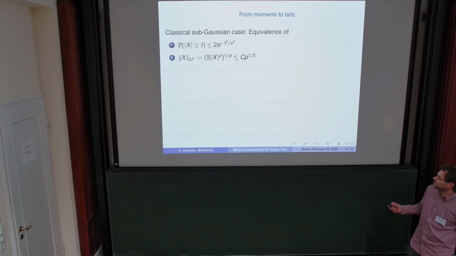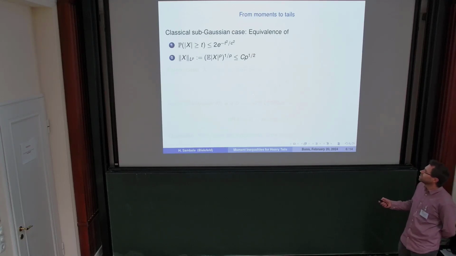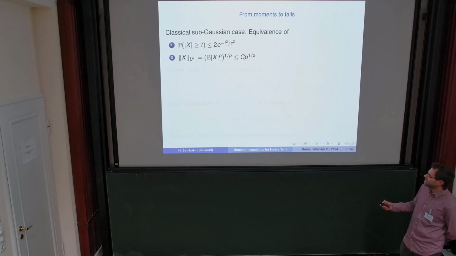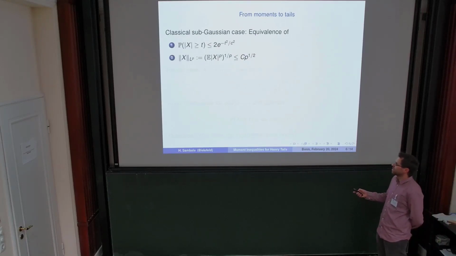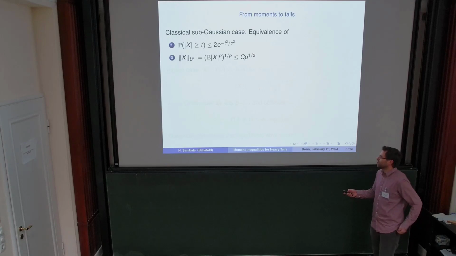Just to recall something classical from sub-Gaussianity, there you know, of course, that this sub-Gaussian tail decay is equivalent to the growth of the Lp norms of order root p. Yeah? It's equivalent.